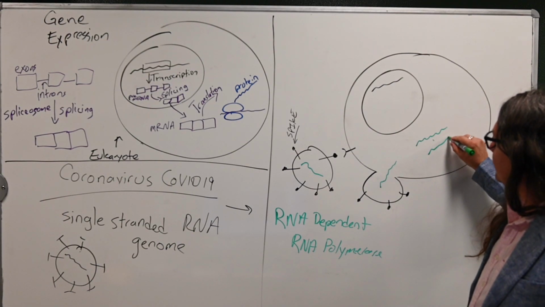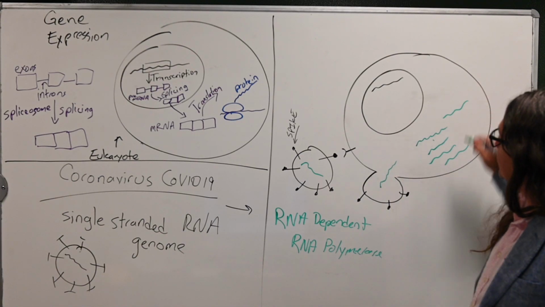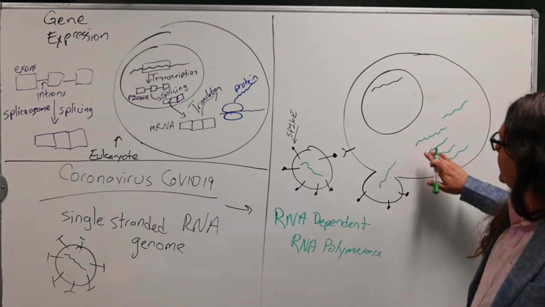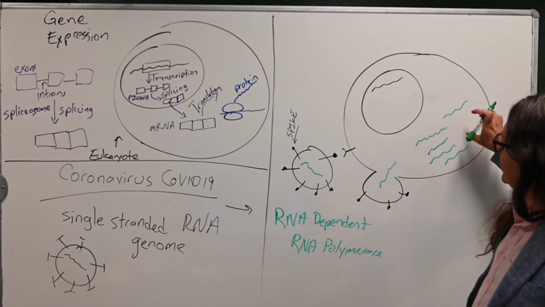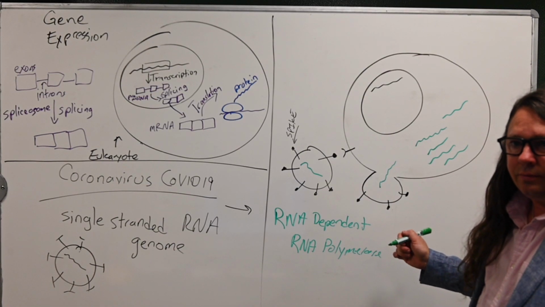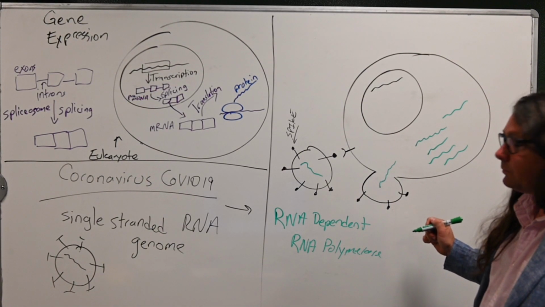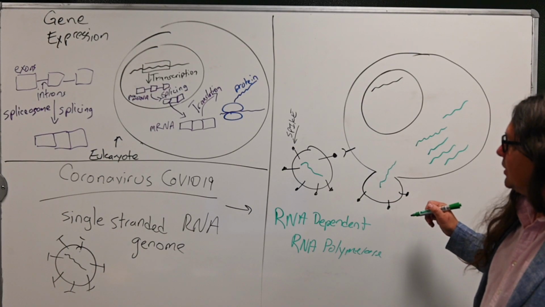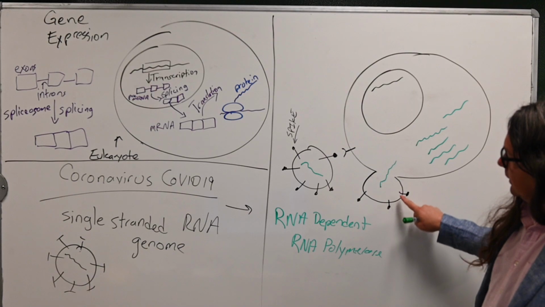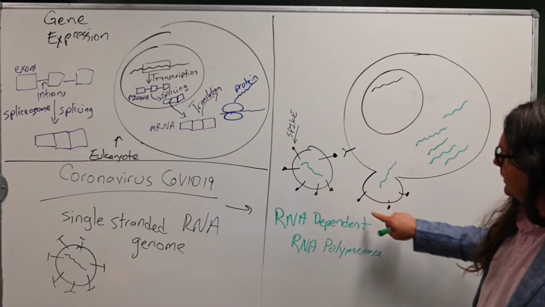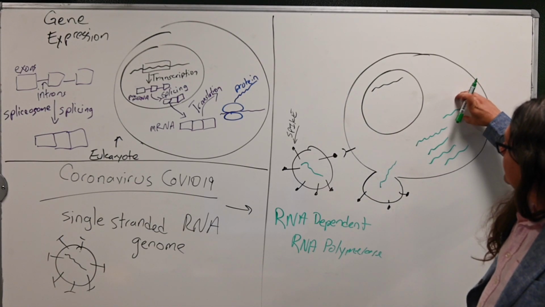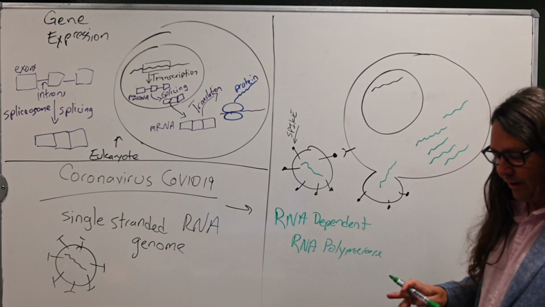So then we get lots of copies of the genome. It also uses the cell's ribosomes and tRNAs to make other proteins, and you'll see those later when I show you the genome browser. There are about a dozen proteins, including spike and all the other parts of the capsid and some other enzymes that are translated in the cytoplasm to make more virus.